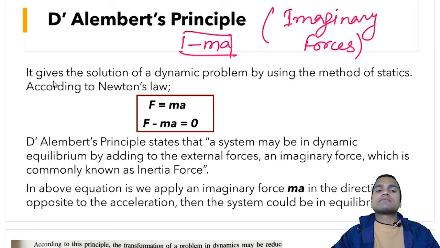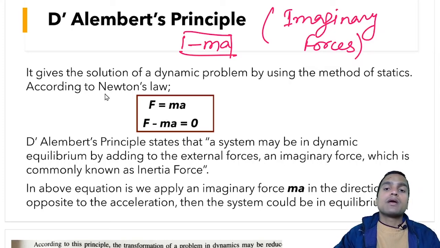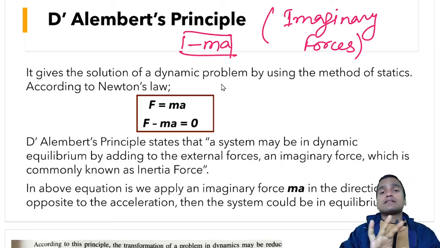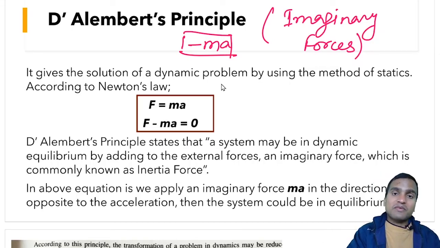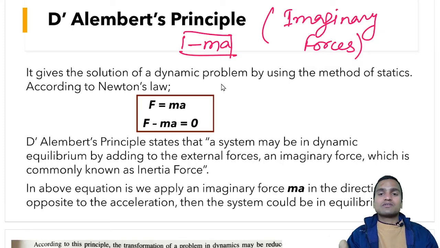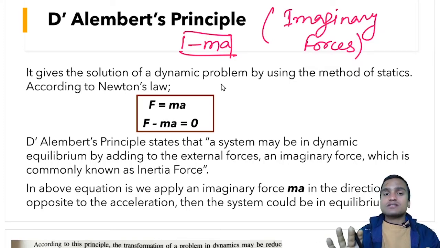This method gives the solution of a dynamic problem by using the method of statics. See, there is statics, there is dynamics, and what we are studying right now is dynamics. We are not studying statics. But this principle allows us to make a dynamic system static, and then we can do the rest. So how can a dynamic system be made static? By applying some imaginary forces.